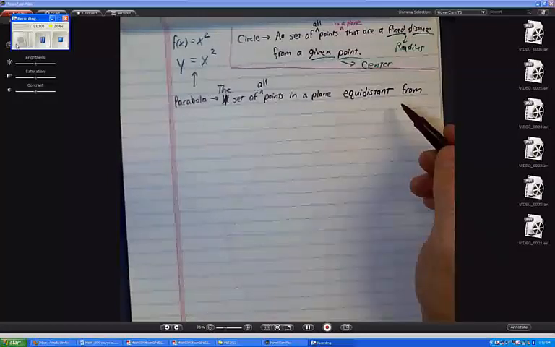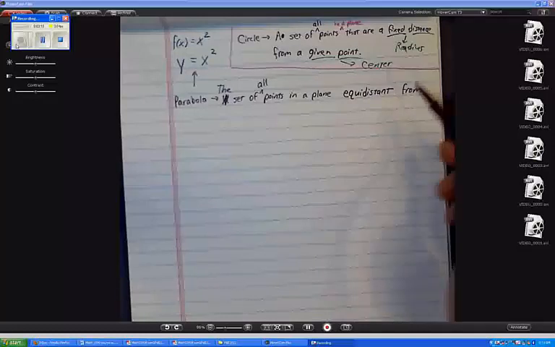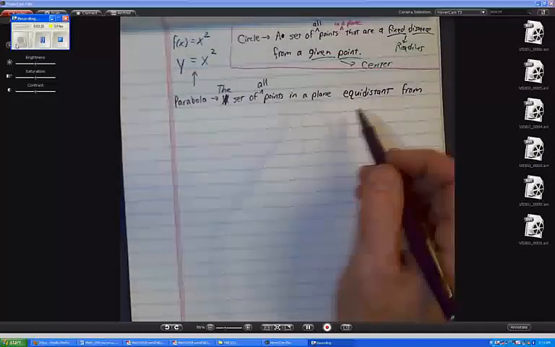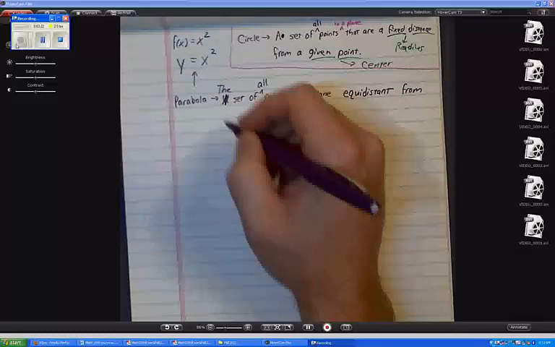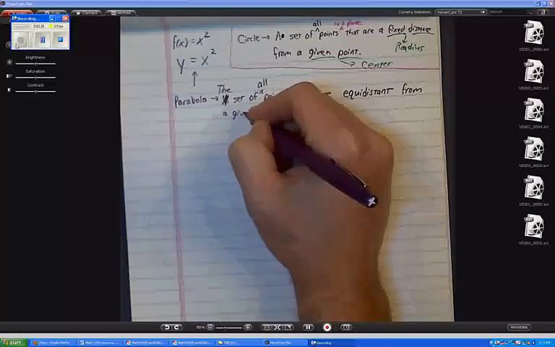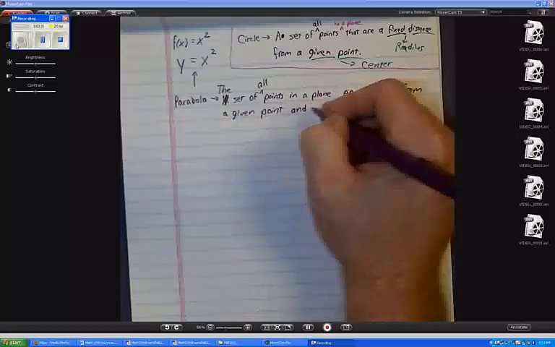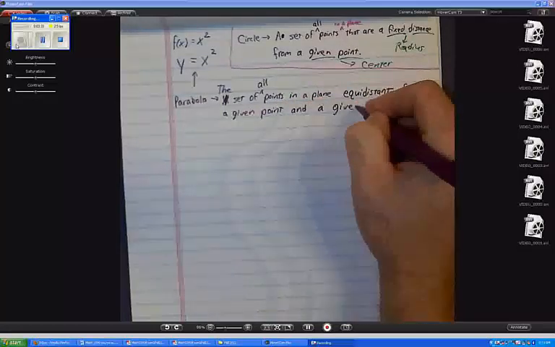well, it's interesting. The vertex is on the parabola, okay? Let me ask you guys this. The center of a circle, is it on the circle? No, it's kind of separate from the circle, right? So the set of all points in a plane equidistant from a given point and a given line.